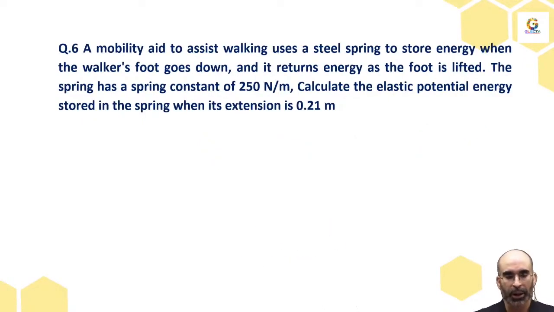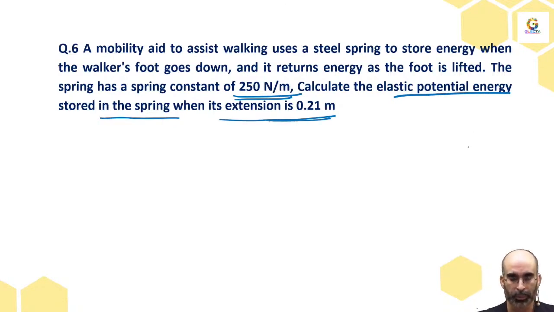A mobility aid to assist walking uses a steel spring to store energy when the walker's foot goes down, and it returns energy as the foot is lifted. The spring has a spring constant 250 Newton per meter. Calculate the elastic potential energy stored in the spring when its extension is 0.21 meter.